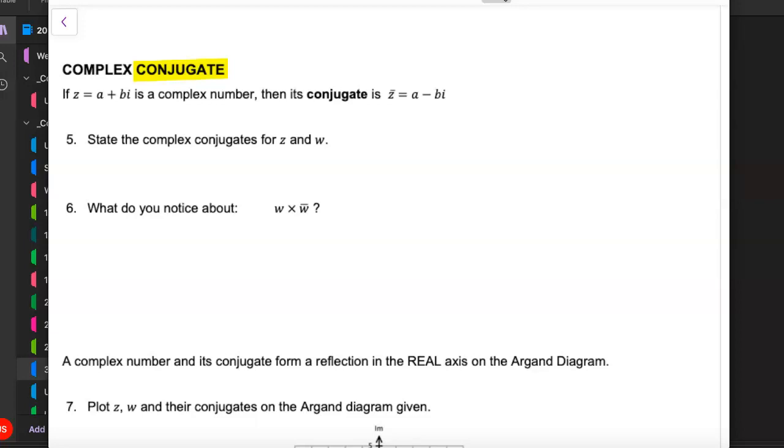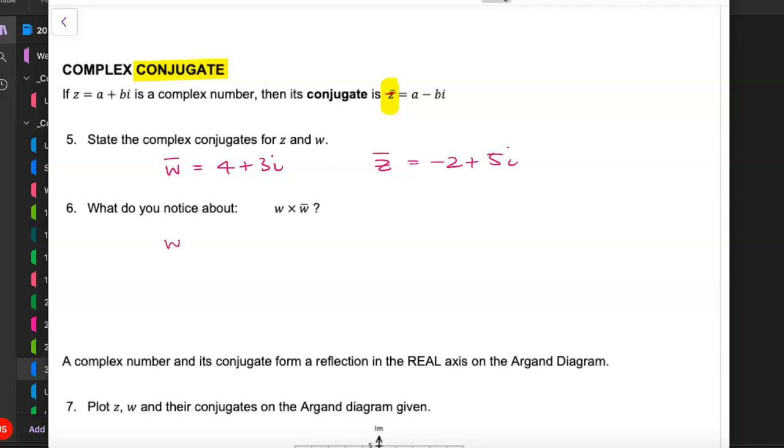So if z is equal to a plus bi, then the conjugate is z with the bar at the top, and is equal to a subtract bi. So if we look at w and z, the conjugate of complex number w would be 4 plus 3i, and for our z would be -2 plus 5i. And that's what we've used when we rationalised the denominator earlier.